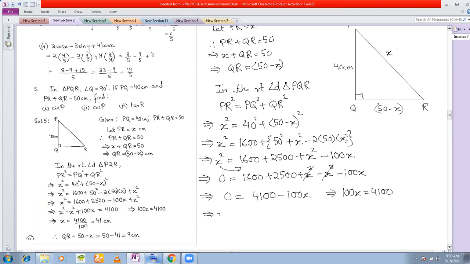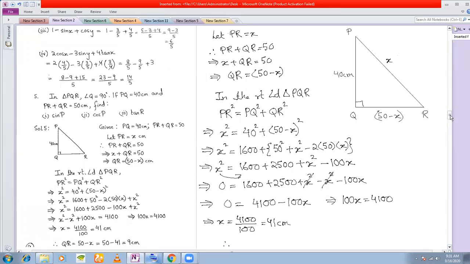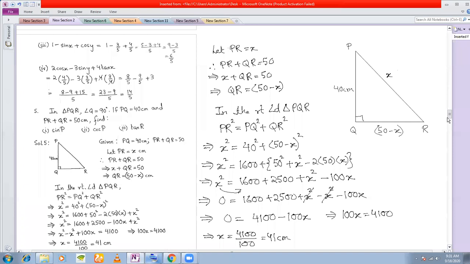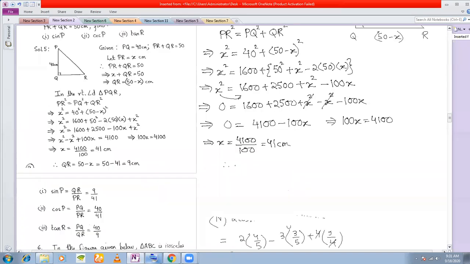That means the value of x that you are getting here is 41 centimeters. Therefore, what is the length of this hypotenuse PR? PR we have taken as x, so PR is equal to x, which is 41 centimeters.